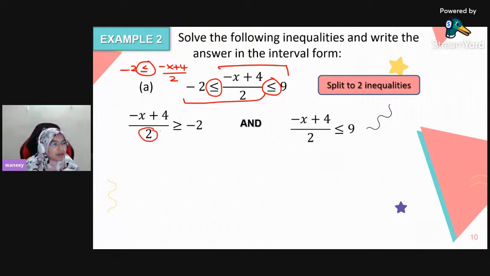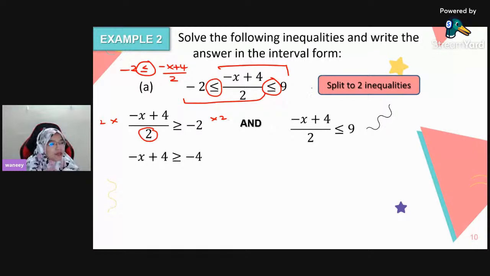So I can simply multiply by 2 on the left and 2 on the right hand side to get rid of the 2. It will become negative x plus 4 greater than or equal to negative 4. We don't have to flip the sign because I simply multiply by 2 on both sides, and 2 is a positive number.